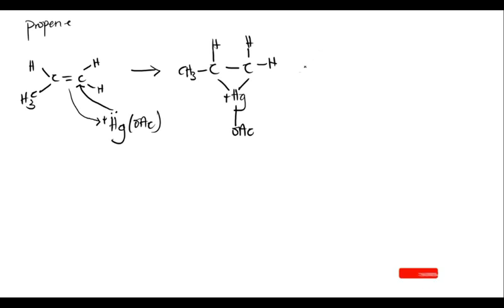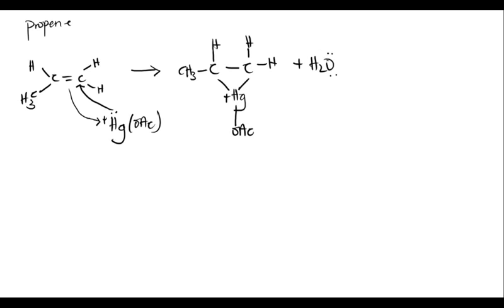Okay, so from here water now comes. Now when water comes, because the mercuric functional group has taken control of this side of the reaction, the water has no option but to attack through the opposite side. Now between these two carbons that initially bore the double bond, which carbon is the water going to attack?